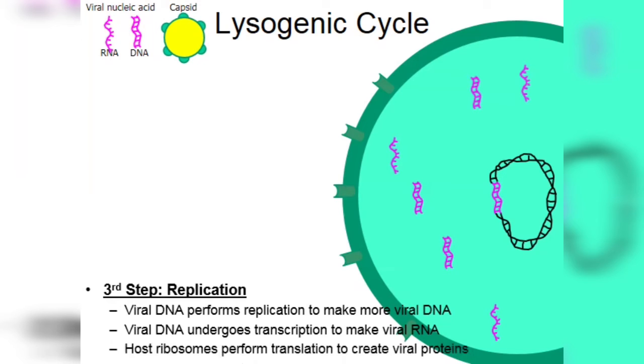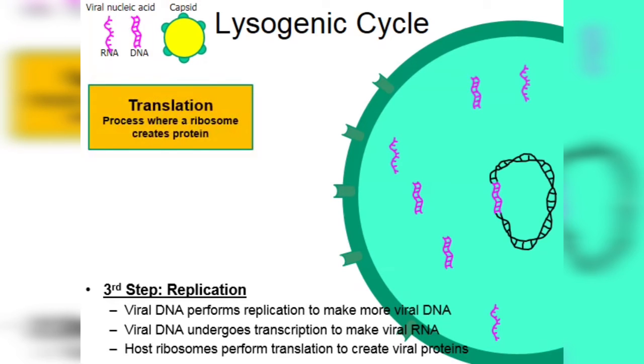So now what happens next is the host cell has ribosomes that will perform translation on behalf of the virus. Viruses don't have ribosomes themselves, so they hijack ribosomes that belong to the host. The definition of translation, if you've forgotten, is the process where a ribosome will create a protein.